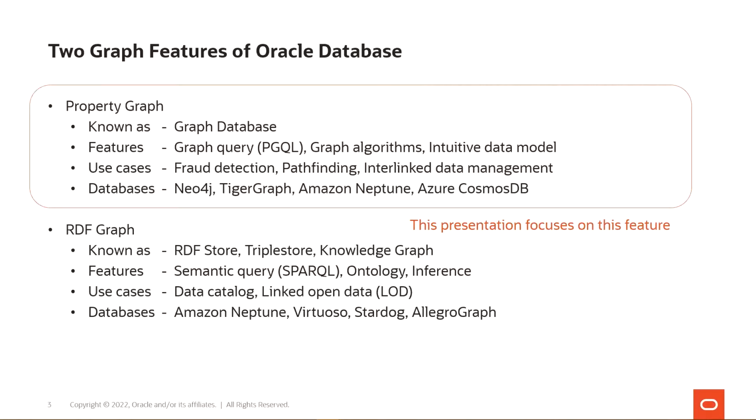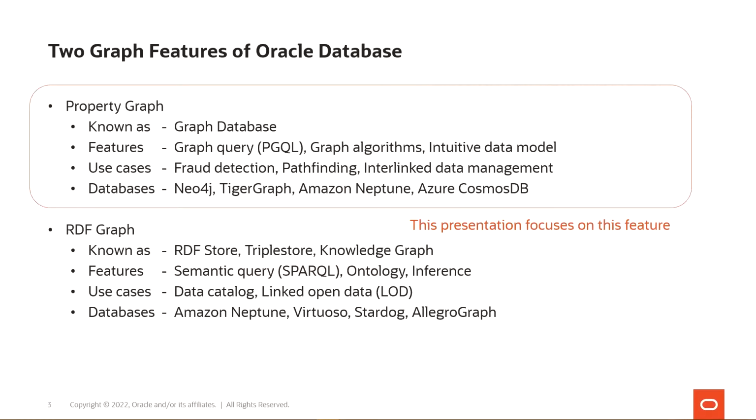Probably it's better known as RDF knowledge graph or semantic technology support. This has been part of the Oracle database since version 10.2. And this is a feature especially used in the linked open data area, or as part of semantic web technologies.